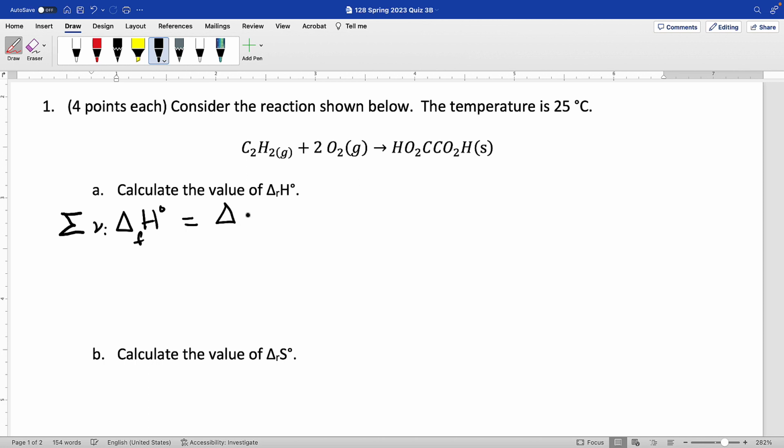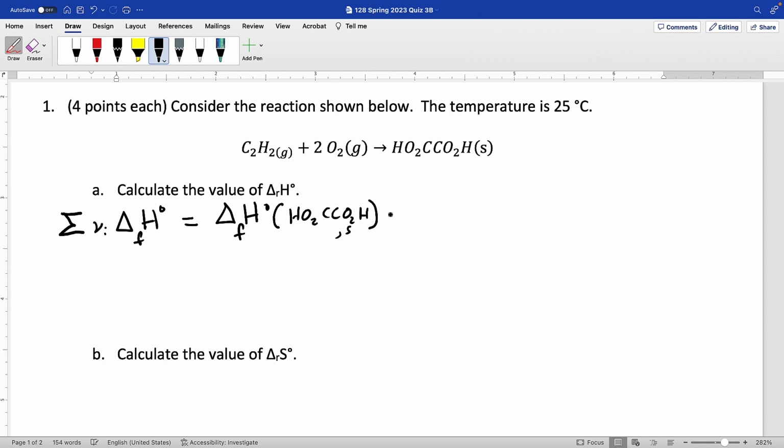If we play this out specifically for this reaction, we take each product, in this case just one, the heat of formation of oxalic acid in the solid state.